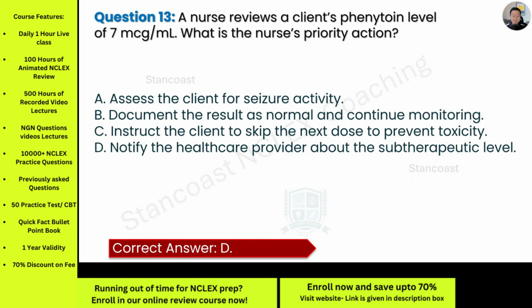This is a big no-no because skipping can also increase the seizures, because of the subtherapeutic levels already. If you let them do this, it can endanger the patient all the more. So again, your strategy here is to recall the normal range of the medication. Again, that is 10 to 20 micrograms per ml.